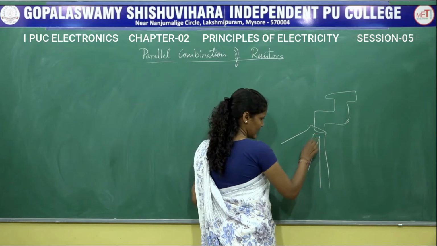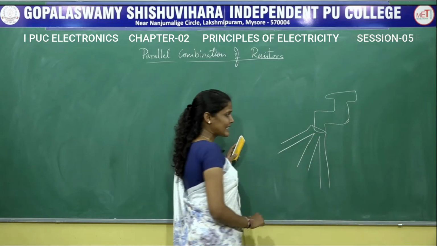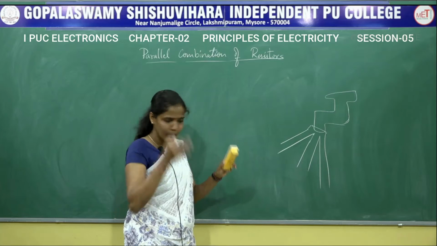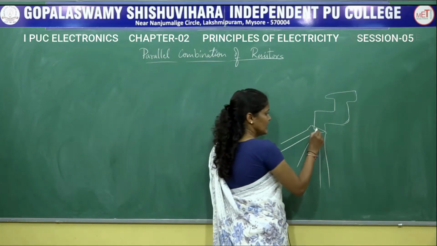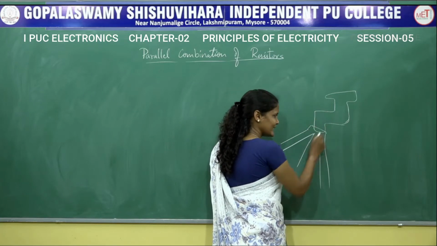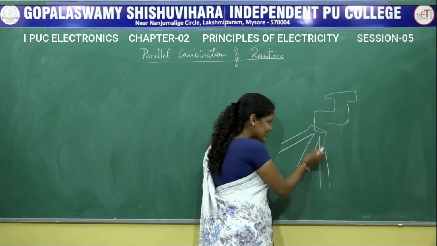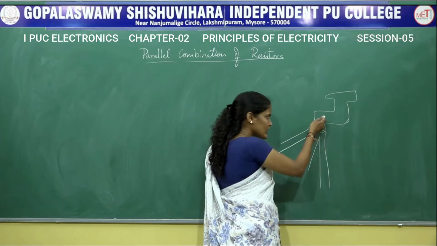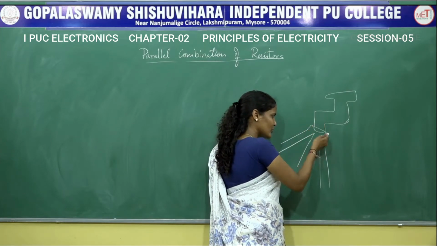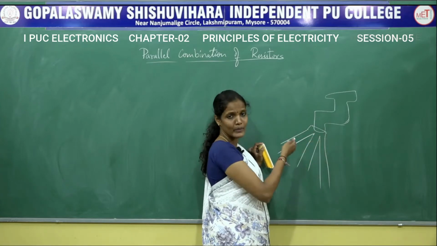From this particular diagram, I can tell that I have taken three different separate pipes from the same tap. But the voltage of the tap which is connected to all these three pipes is the same. So the voltage enagirutte same irutte. The force which is getting exerted into these three pipes is the same.